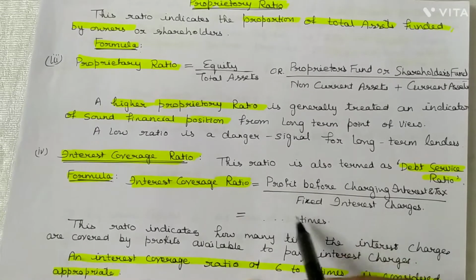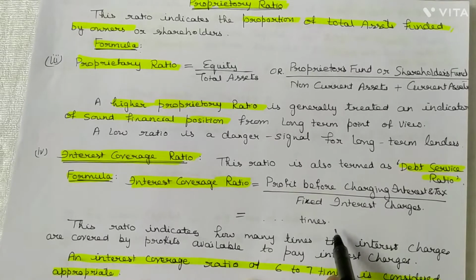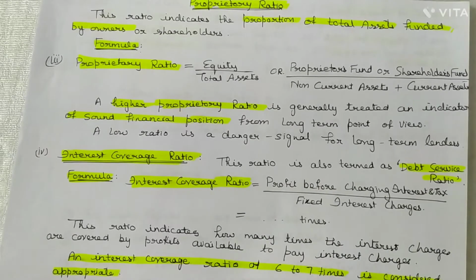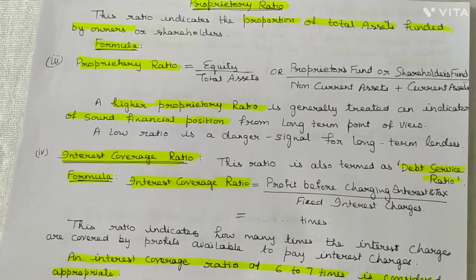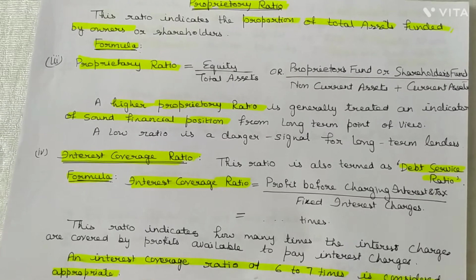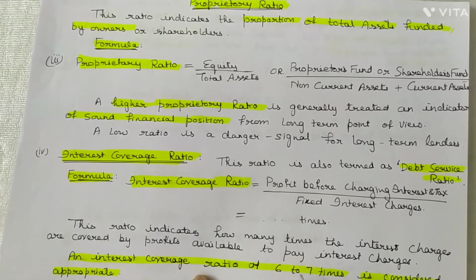This ratio is calculated in number of times. If this ratio is 6 to 7 times, it is considered appropriate or good for the business. This ratio indicates how many times the interest charges are covered by profit available to pay interest charges.